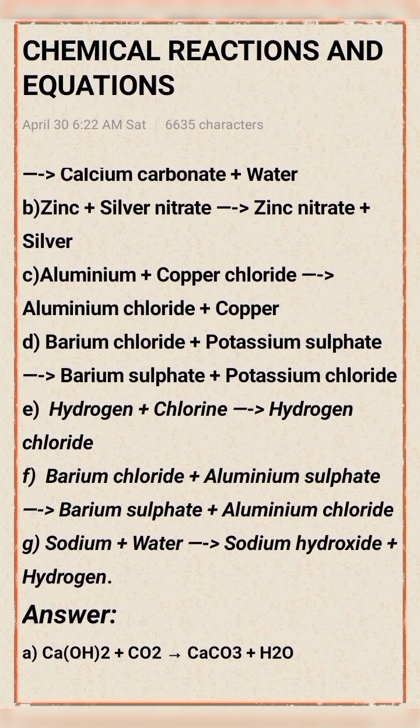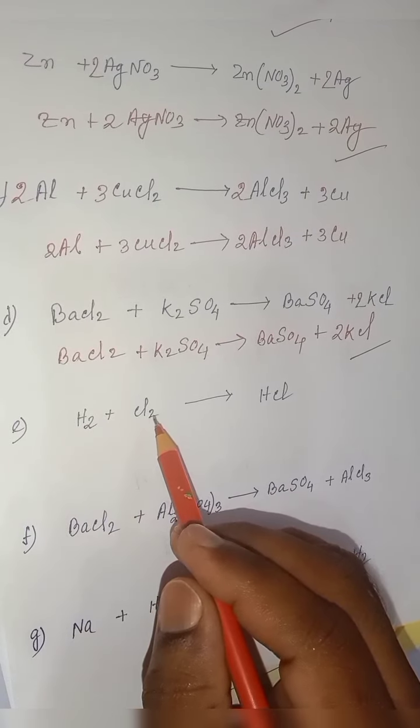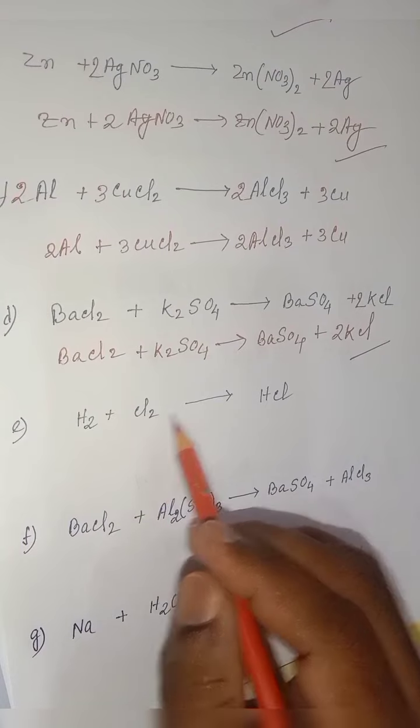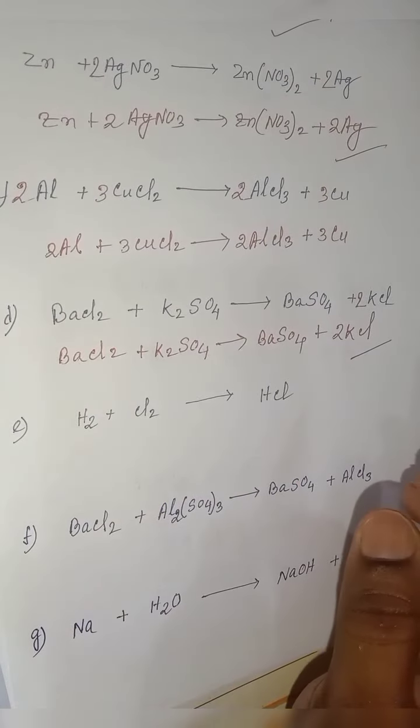Reactants hydrogen plus chlorine, the product hydrogen chloride. That is hydrogen H2 plus chlorine Cl2 from HCl. We balance the atoms on the right hand side and left hand side.